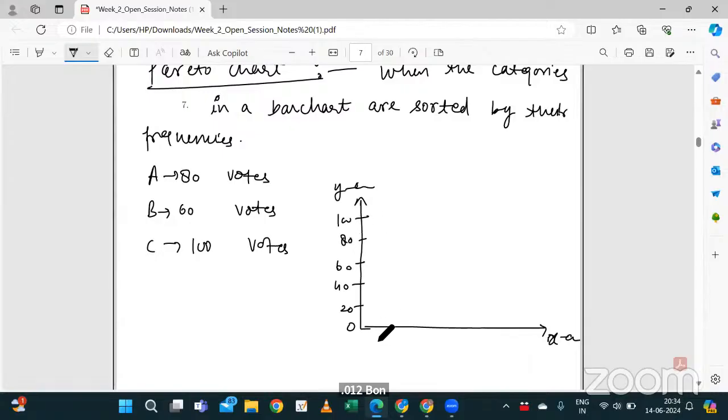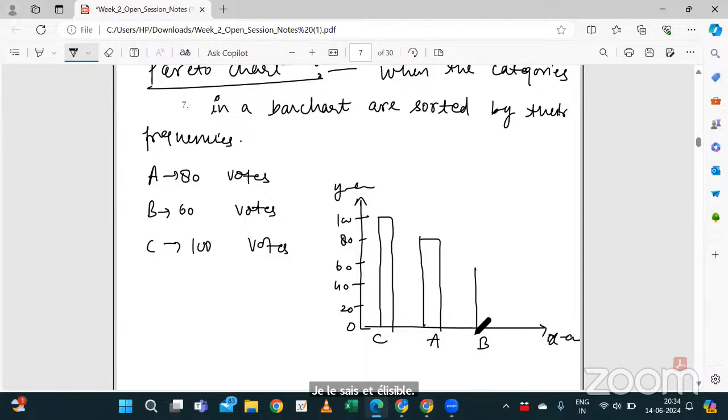So suppose C is there, right? C received 100 votes. Then let's say A received 80 votes and B received 60 votes. So you can see what I'm doing. I have sorted the frequencies, right? So if this is the case, that's called a Pareto chart.